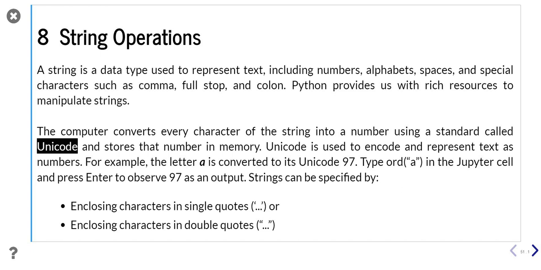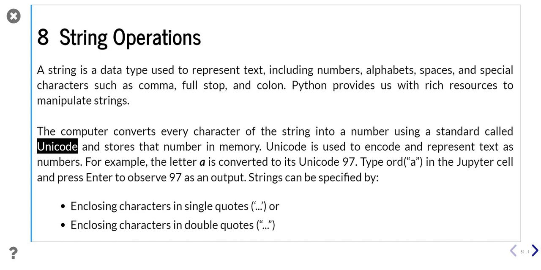ASCII code only represents whatever characters you see on your keyboard. But what if you have Arabic letters or French letters or any other letters? ASCII code is already filled here. So Unicode is a number system that represents all the other characters.